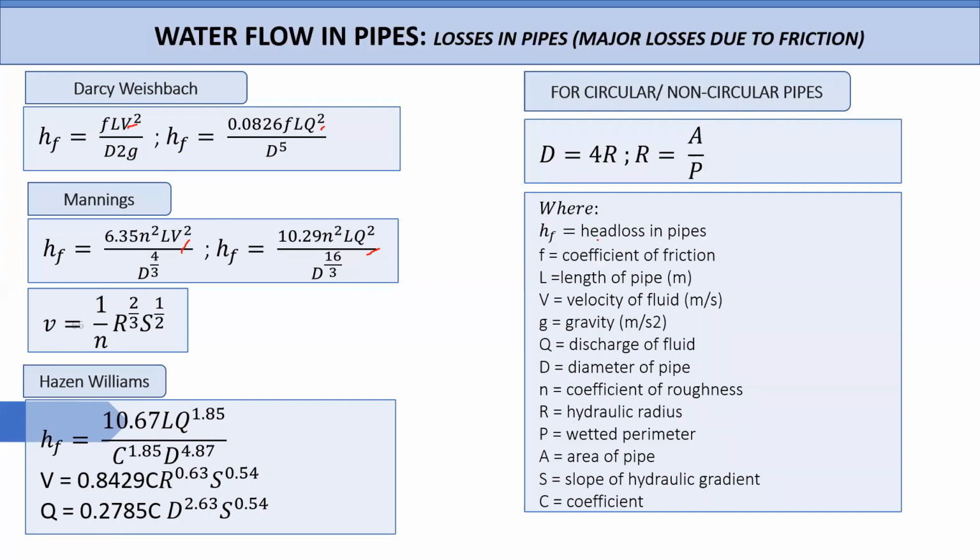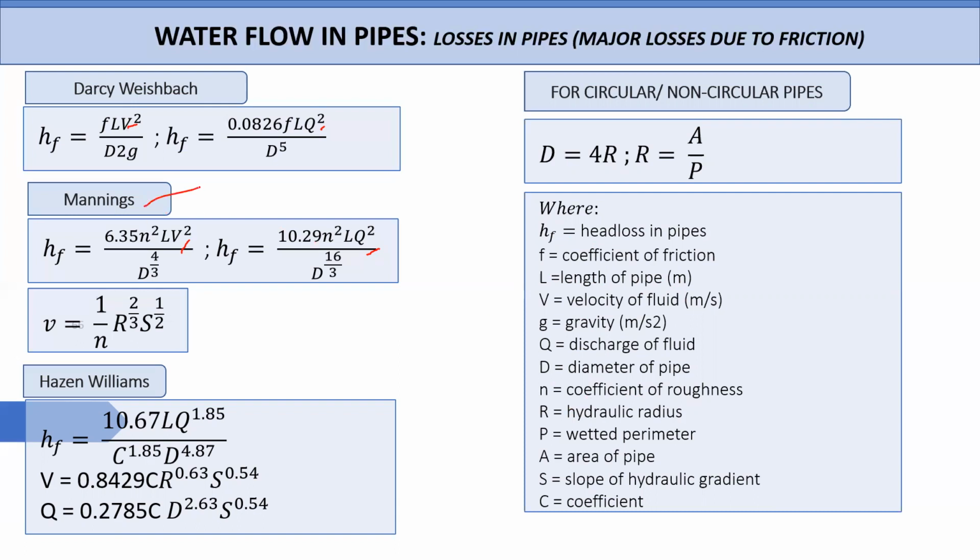H sub f is the head loss in pipes. F is the friction coefficient. L is the length of pipe in meters. V is the velocity of the fluid. G is gravity. Q is the discharge of fluid. D is the diameter of the pipe.